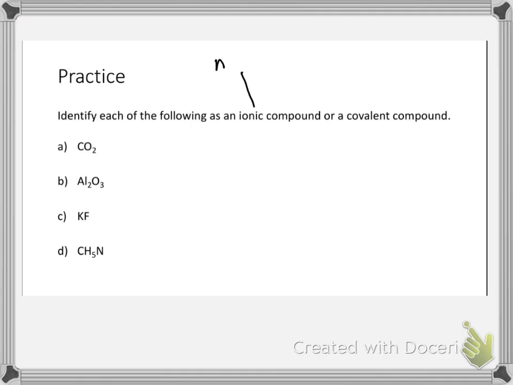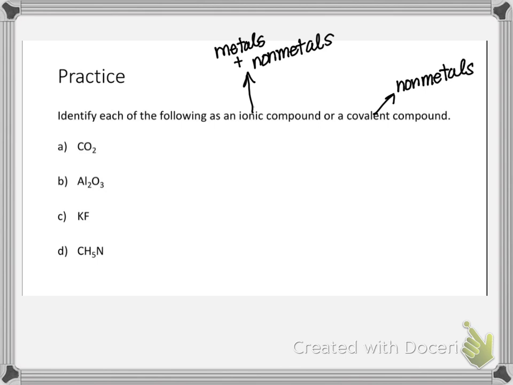So ionic are nonmetal and metal. And so now I just caught myself, I'm going to write metal first because in the formulas and in the names, the metal always comes first. So it's helpful for me to think of it that way. So metals and nonmetals, and for covalent compounds, we just use nonmetals. And how we determine that is we would use the periodic table.